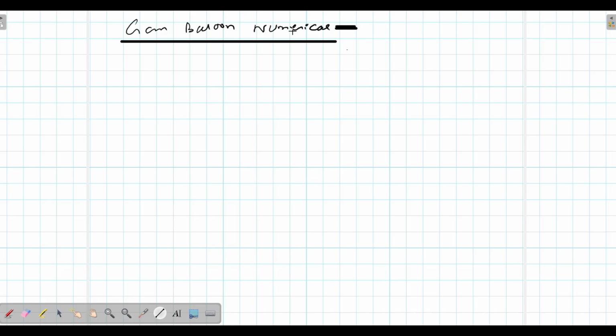Next is the gas balloon problem. For the gas balloon numerical, this is the balloon.